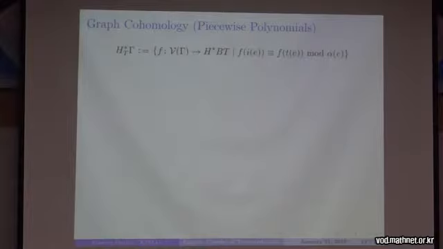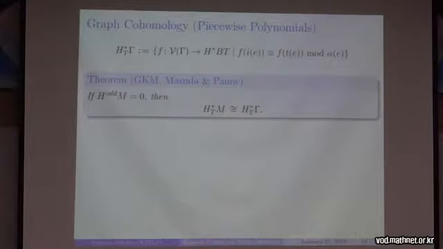And we have the condition that if two vertices are connected by an edge, the polynomials attached to those two vertices agree modulo the labeling on the edge. Okay, so somehow they agree piecewise.